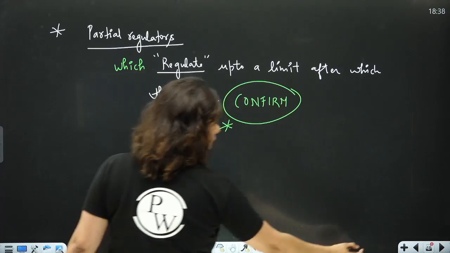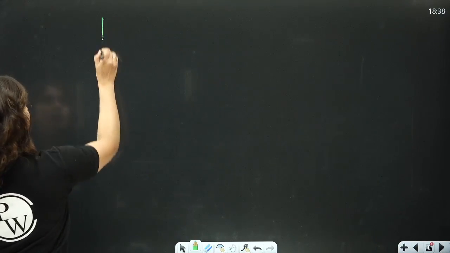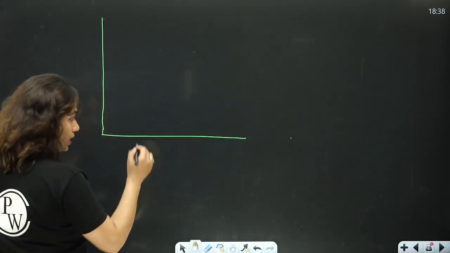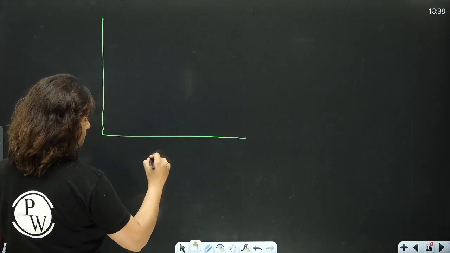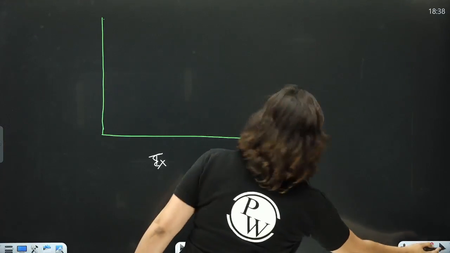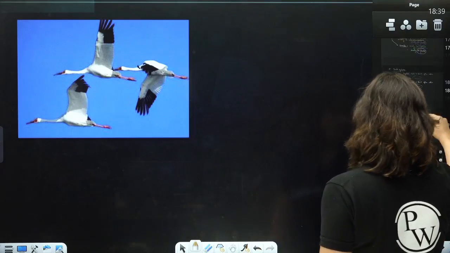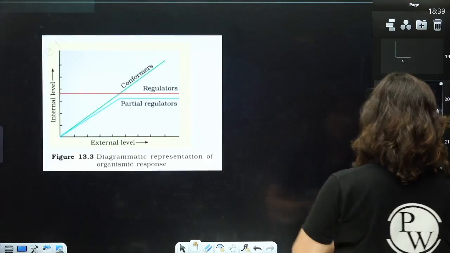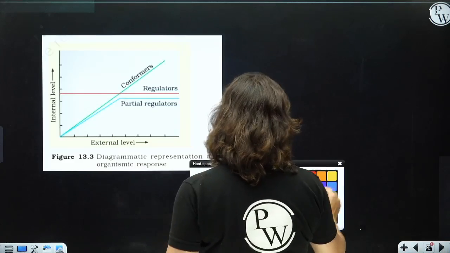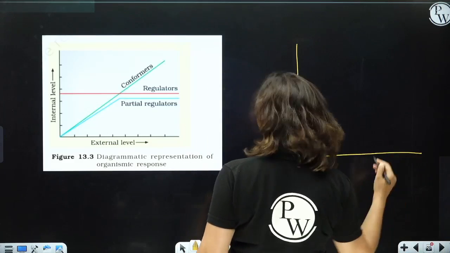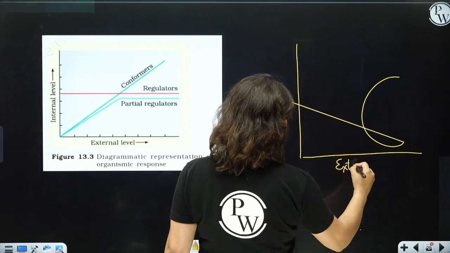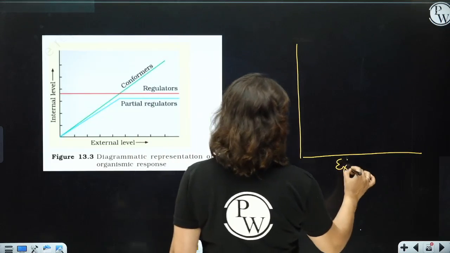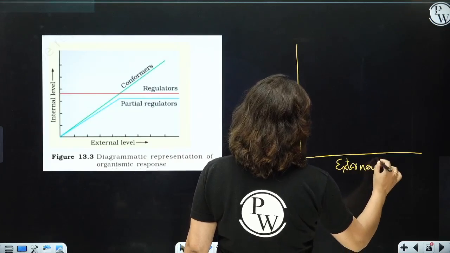Okay. So now, if I make a graph to make you understand what regulators, conformers, and partial regulators are, let me see what is given here in the NCERT. So how will we read this graph? See, on the x-axis, external environment is given.